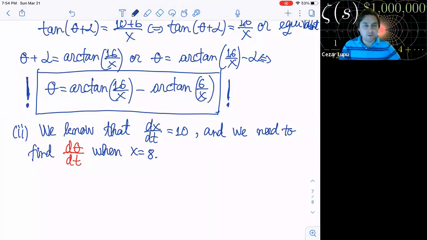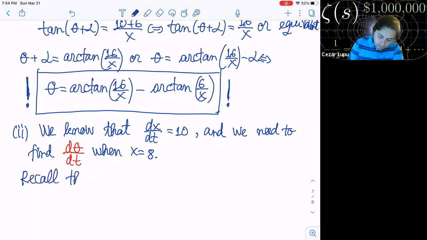So what are we going to do? We're just going to take the derivative with respect to t. Pay attention there. Now we will do implicit differentiation, by the chain rule.